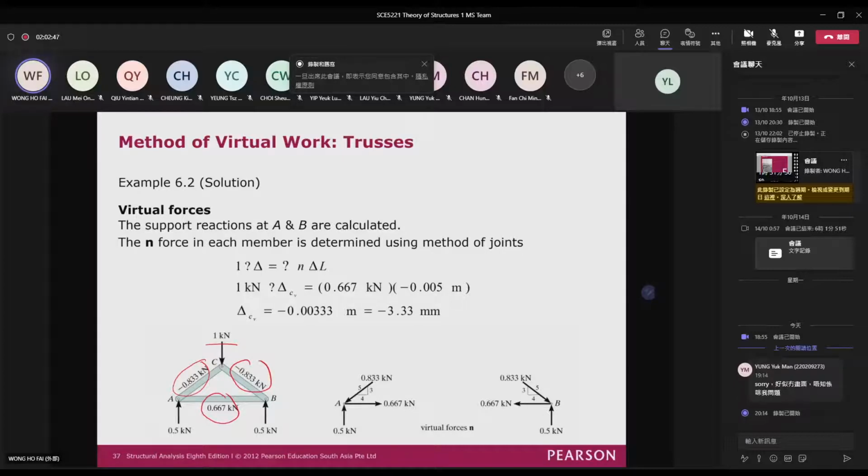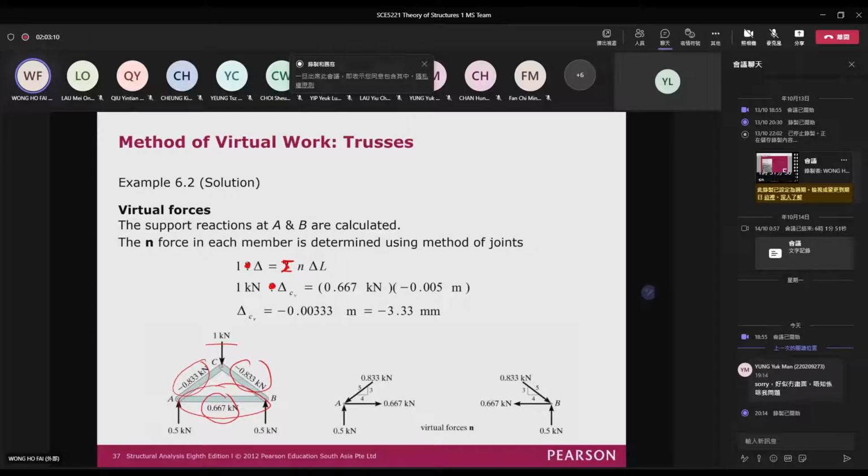Then you know that just the bottom member will have a deformation because of the so-called fabrication error. It is 5 mm too short. So again, we have 1 times delta, equal to the summation of n times dl.